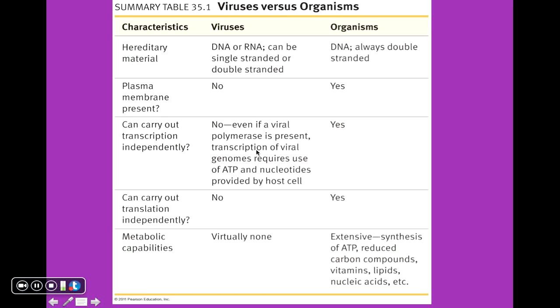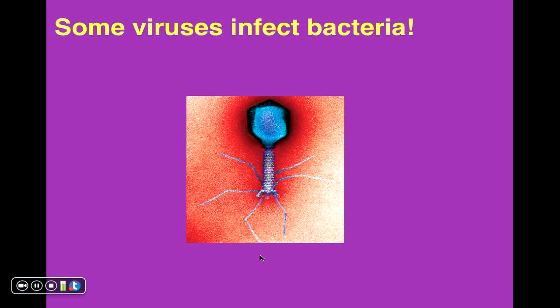Viruses, however, cannot do that. The only way they can undergo transcription or translation is if they rely on some living host cell. So viruses have virtually no metabolic capabilities on their own. Again, they always have to rely on some living host cell to provide all the metabolic capabilities required for reproduction of viruses. So as you can see, there are lots of features that separate viruses from other things that we consider to be living organisms.